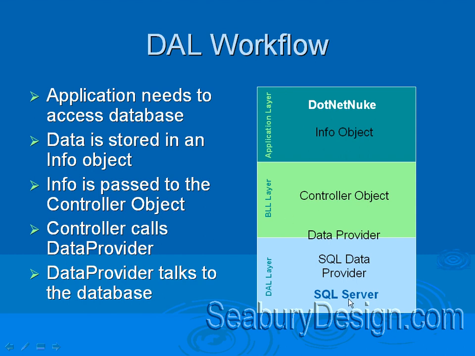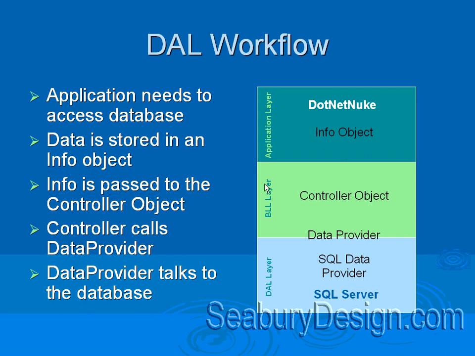And then on the other side of the spectrum, we have SQL Server, and it's going to process data and require calls from DotNetNuke to be in a certain format. And so we need some way for these two applications to talk to each other, the client and the server. And our data access layer is really going to be the vehicle that does that for us.